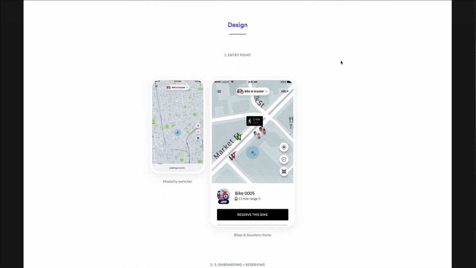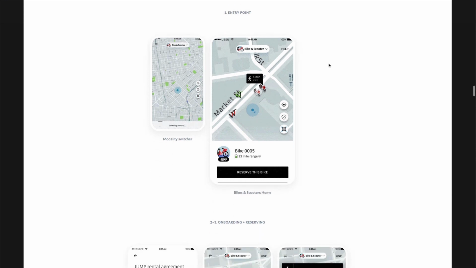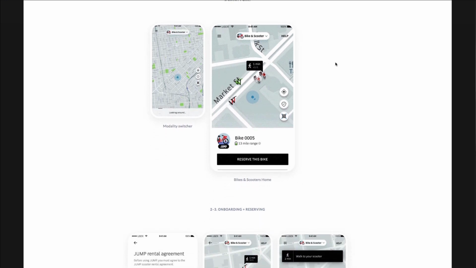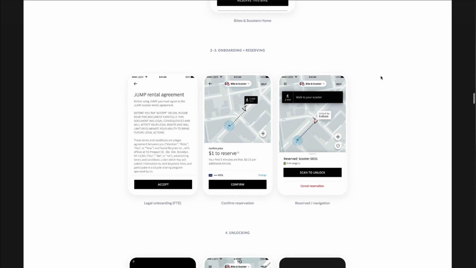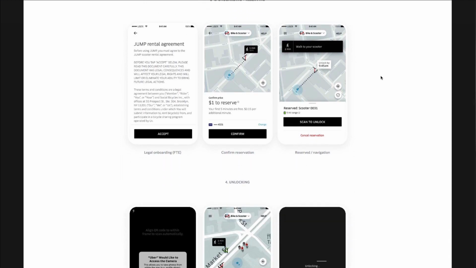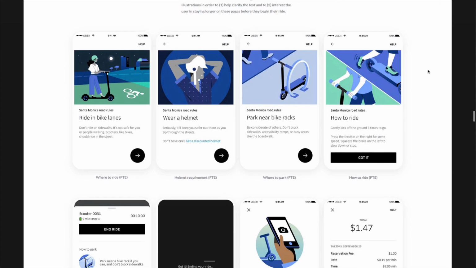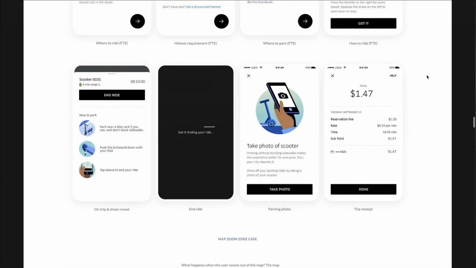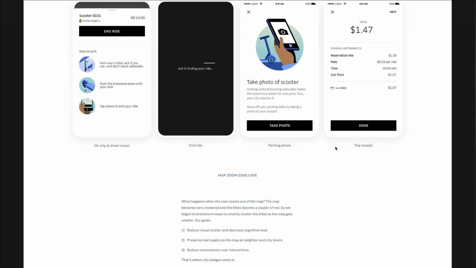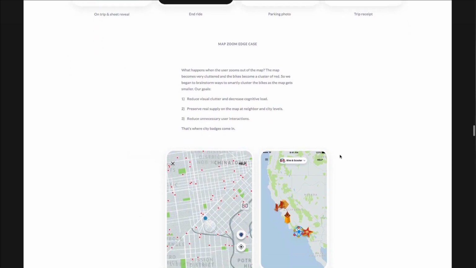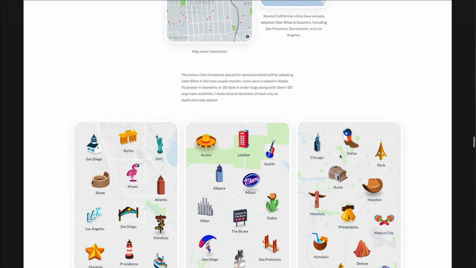So as I was mentioning, there's a lot of UX research and strategy even before you touch the design tools. And this is where we're actually seeing some concrete ideas out of this process, and how this idea actually turned into a full flow. And this is looking pretty good in my opinion.